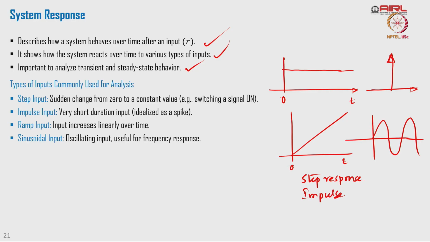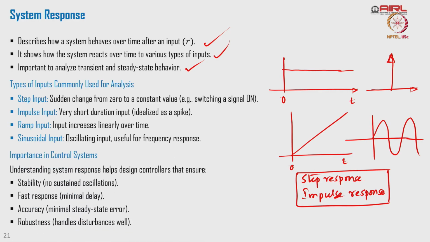These are very important concepts in control systems and signals and systems. So, accordingly we check the response which is coming out of the step input. If it is not desired, then we have to design the controller in a specific way. And it is the same for all the inputs. What is the importance of system response in control systems?